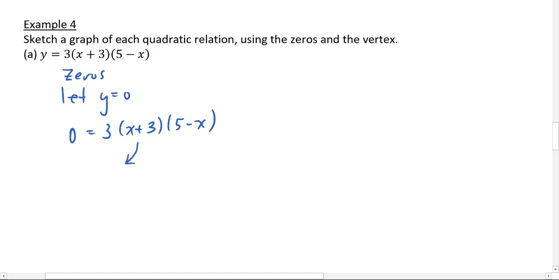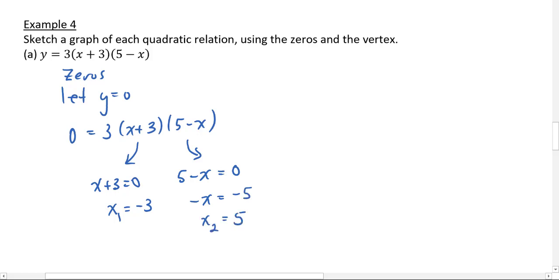We're going to take the factors that contain an x and set them equal to 0, because if they're equal to 0, when you multiply, you will get 0. So the first one, if we isolate for x, we're going to get -3. And the second one, if we isolate for x, we're going to get -x equals -5, and then x2 equals +5.